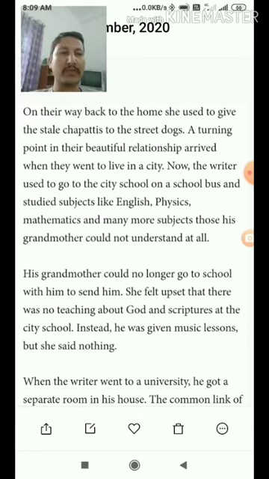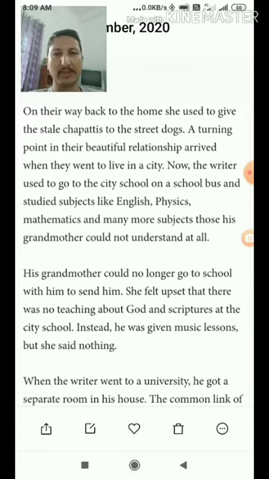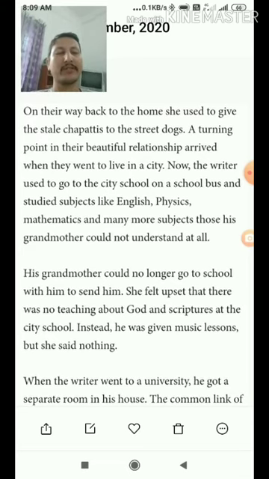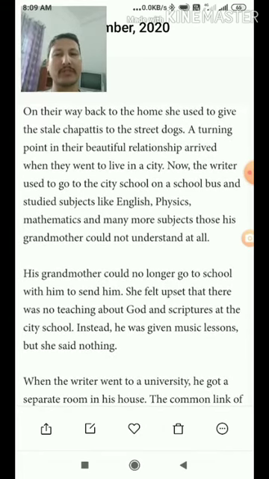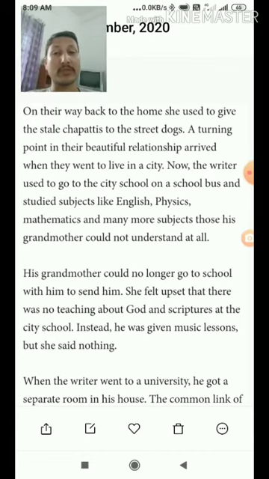The priest used to teach them addition, multiplication, and religious chants and poems. After the lessons were over, on their way back home, she used to give the stale chapatis to the street dogs. She used to stay there with him until the school was over.